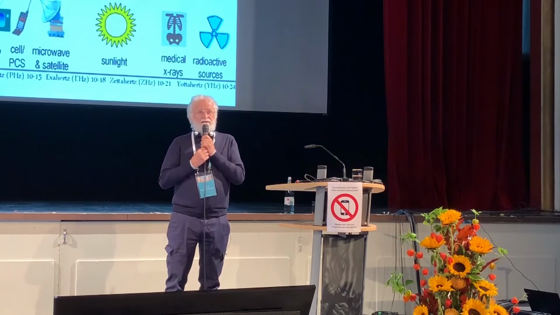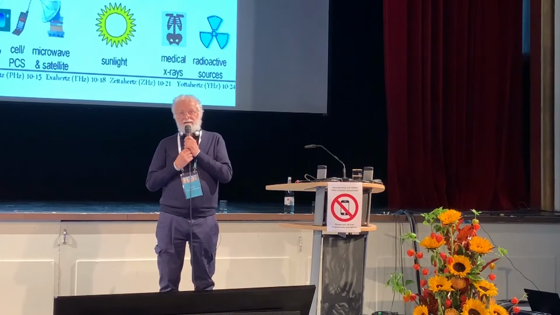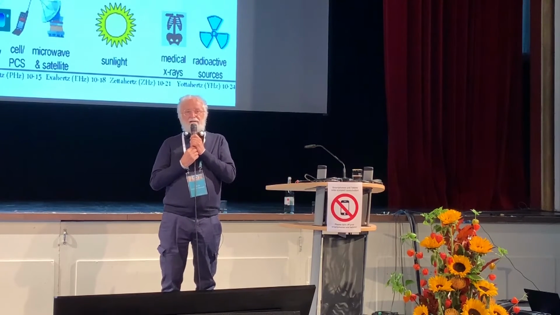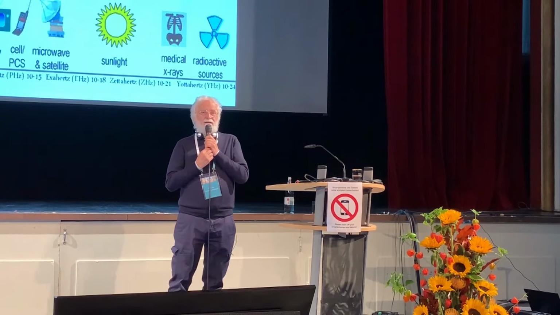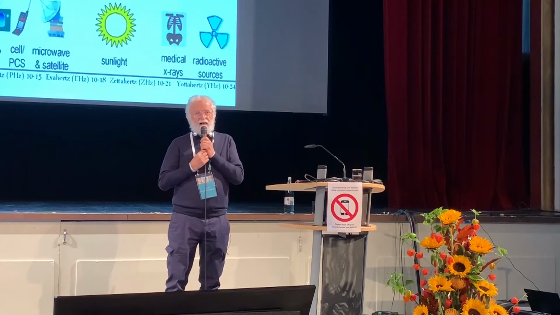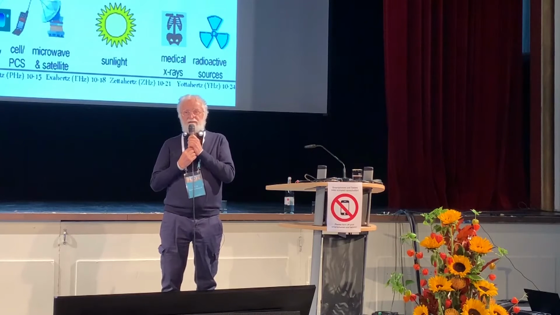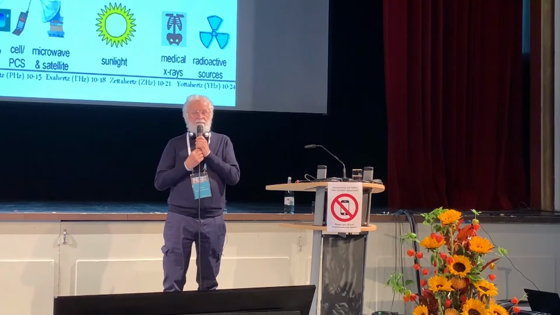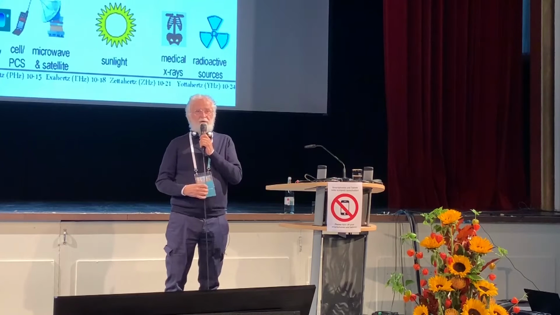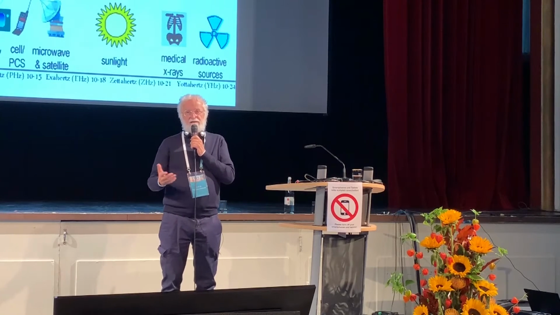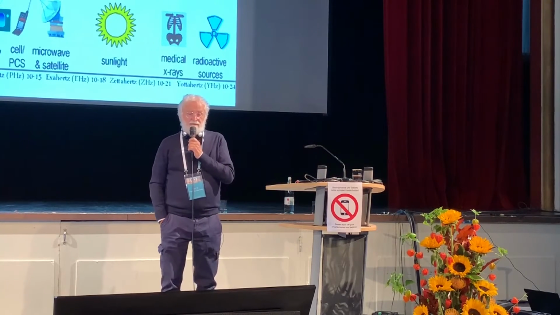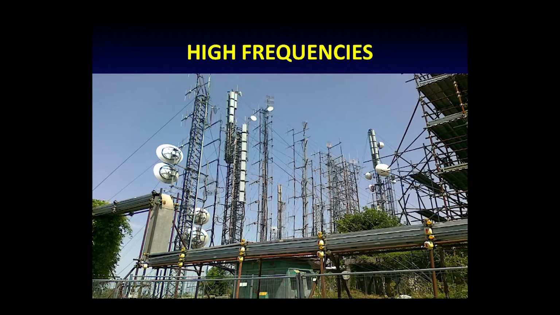Low frequencies, for example, 50 Hertz, or low frequency again, like 10 to 40 Hertz, can move ions inside the cells. We use, for example, this kind of approach to differentiate stem cells in our institute. Next.